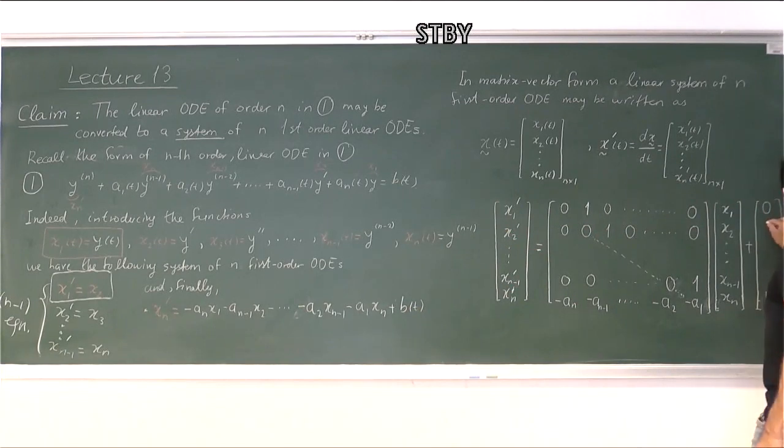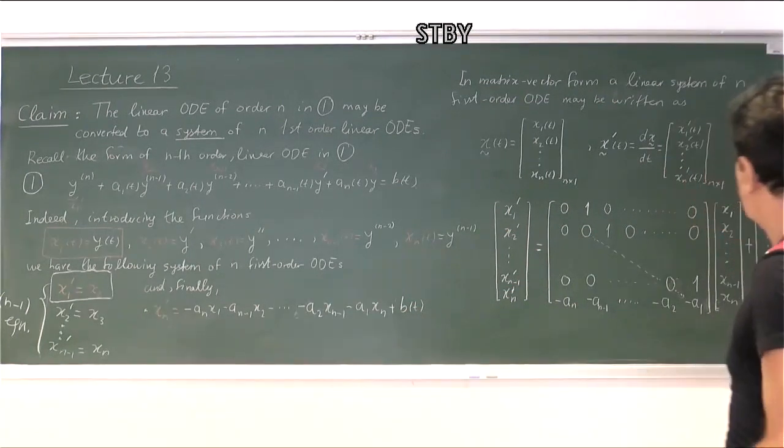Observe that all entries up to the n minus first component function are 0, and finally we have b of t.